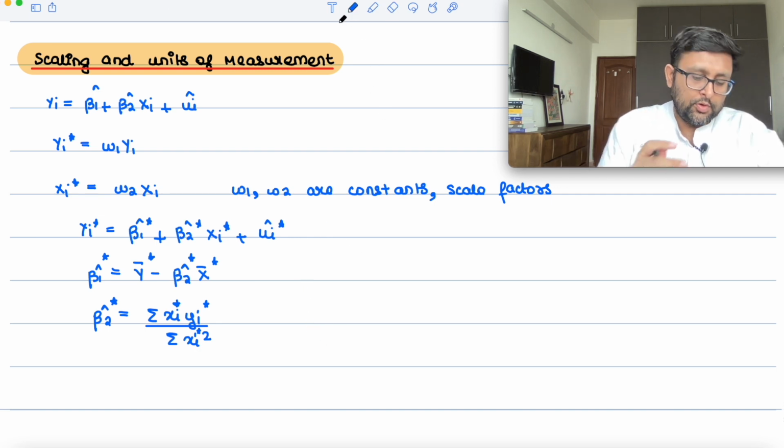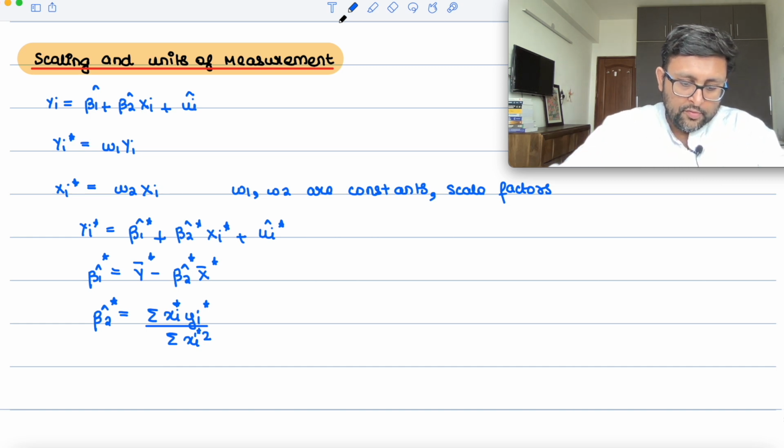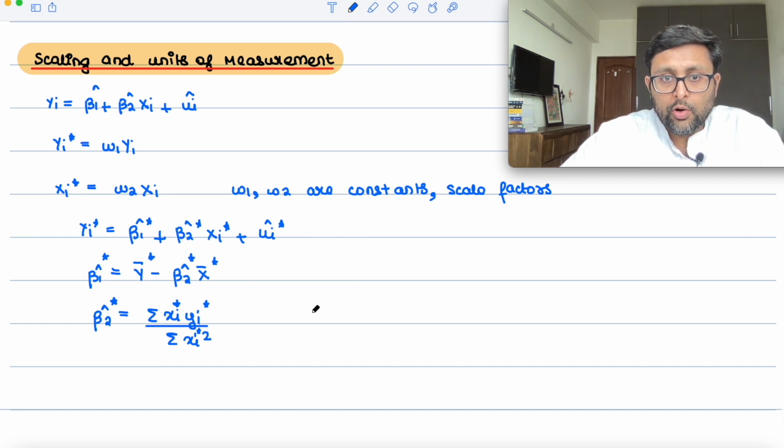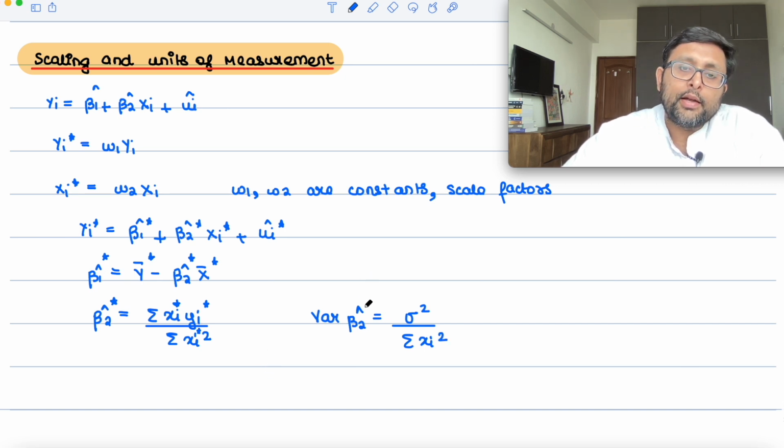What about this? If this were the original model, then variance of beta 2 hat would be sigma square upon summation of small xi square. And for the scaled model, it would be variance of beta 2 hat star, sigma square hat star upon summation of xi star square.